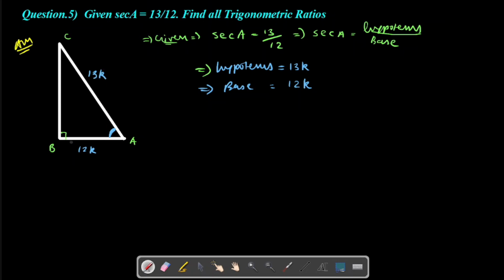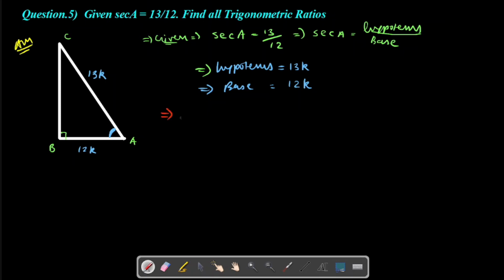For finding all the remaining trigonometric ratios, we must find the third side of this triangle. How can we find it? Yes, very good.